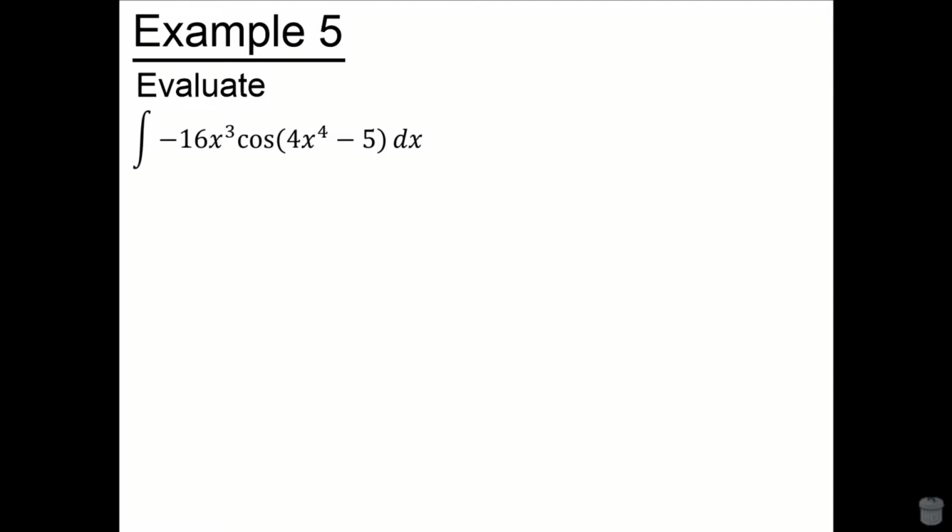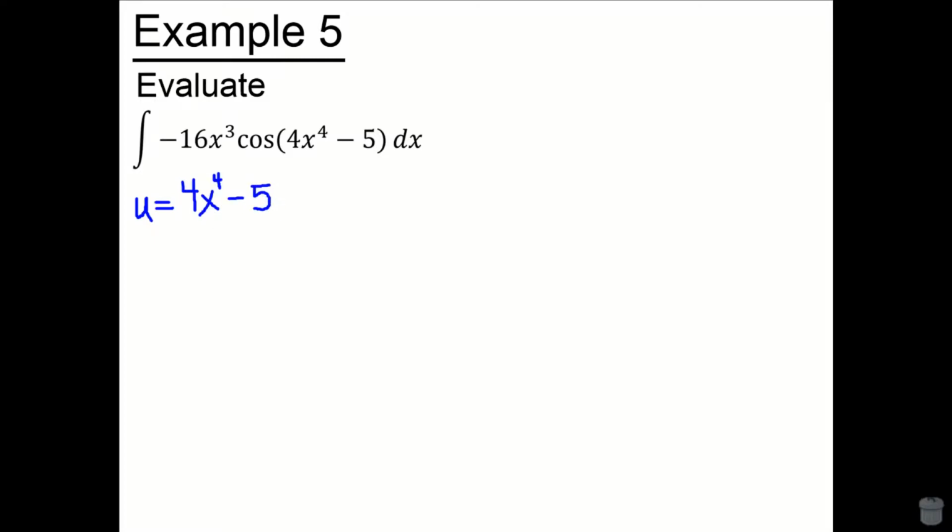Here we have example 5. We are evaluating the integral of negative 16x cubed times cosine of 4x to the 4th power minus 5 dx. Again, the inside portion is what we're going to let u equal to. u equals 4x to the 4th power minus 5.